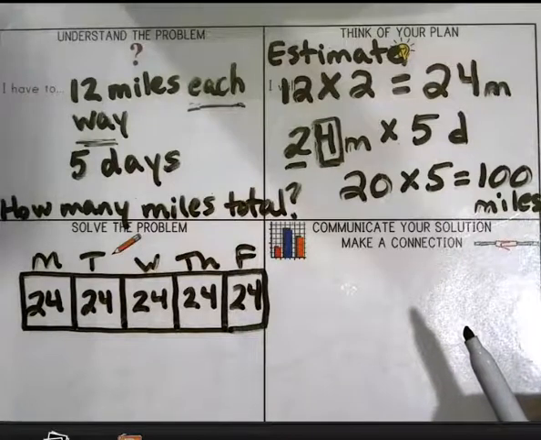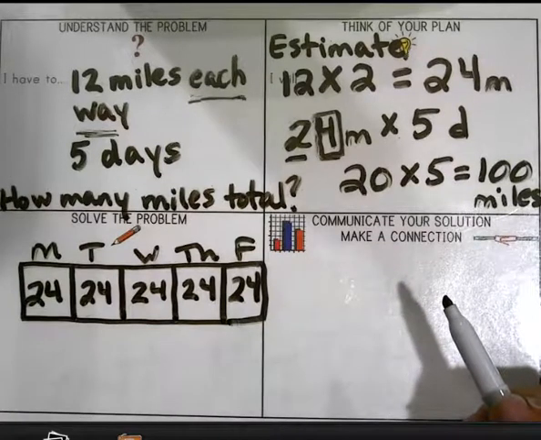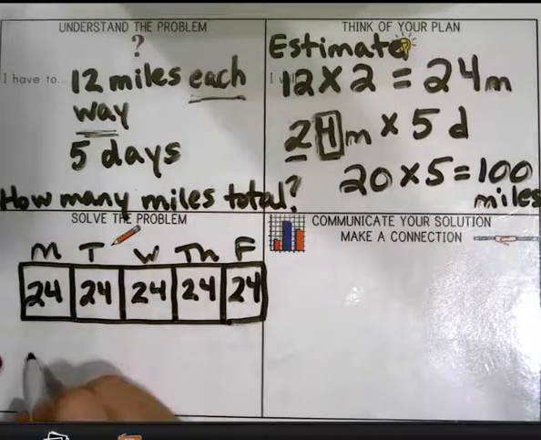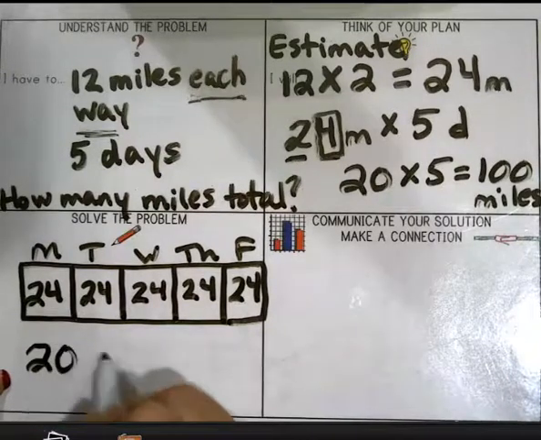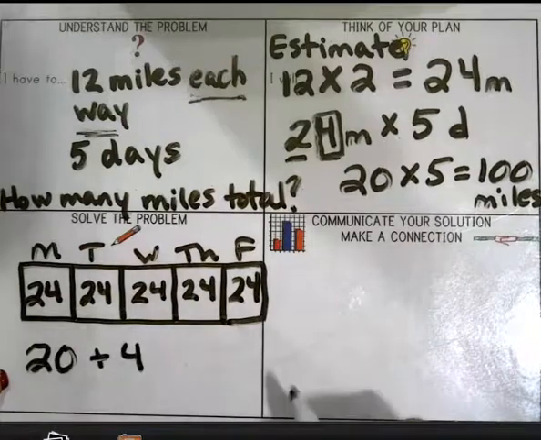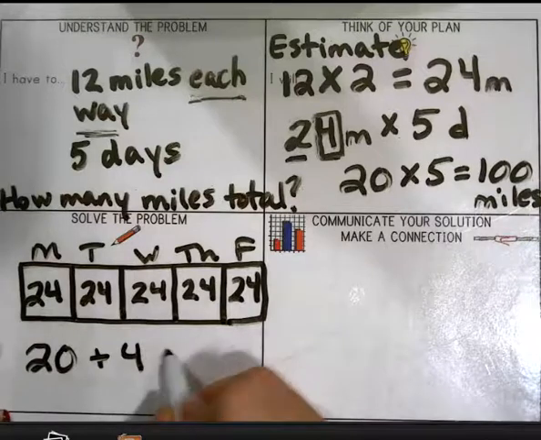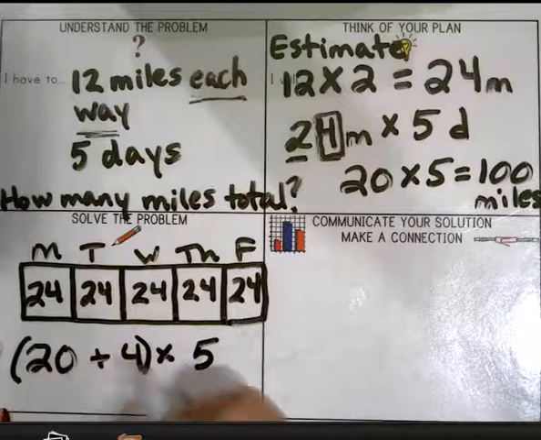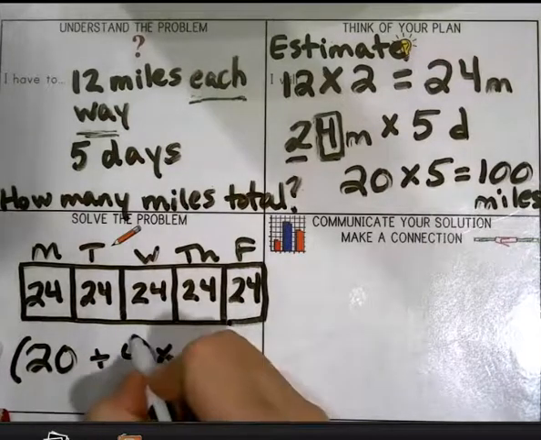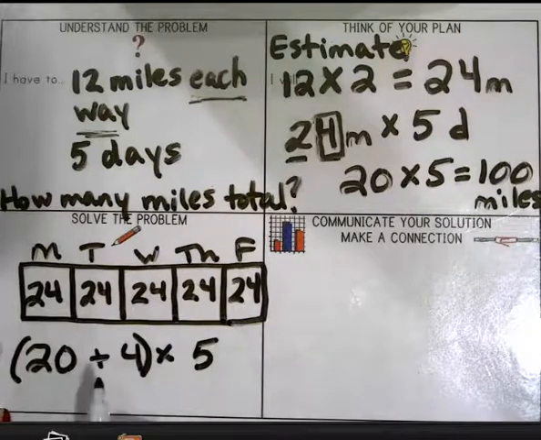Okay, so let's go ahead and, like we said earlier, we can break the numbers apart. So what I'm going to do is I'm going to do 24 as 20 plus 4. And then I'm going to multiply that by 5. Okay? I'll put these parentheses to help me stay organized and realize that the first thing there is 24, right?